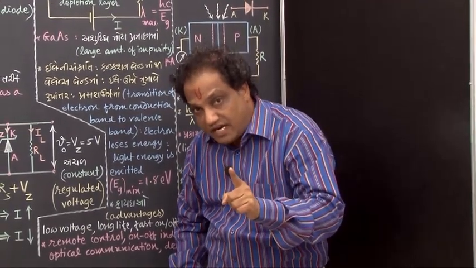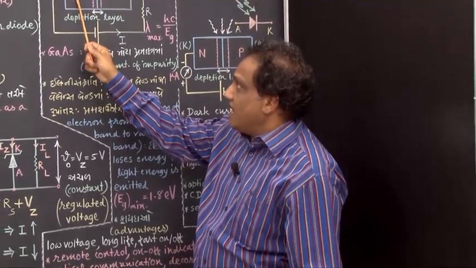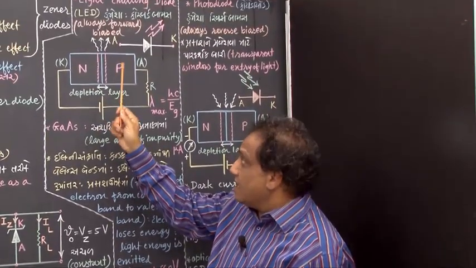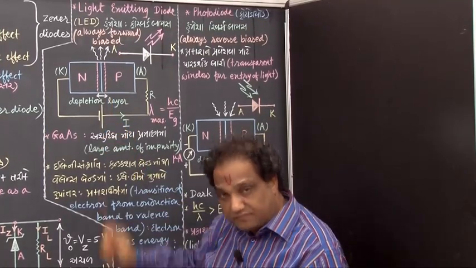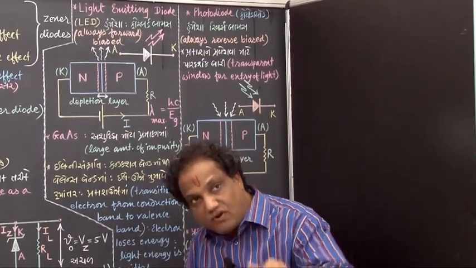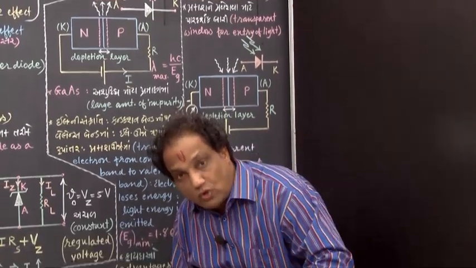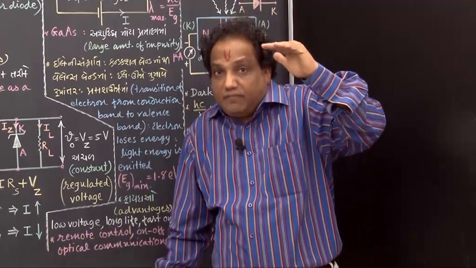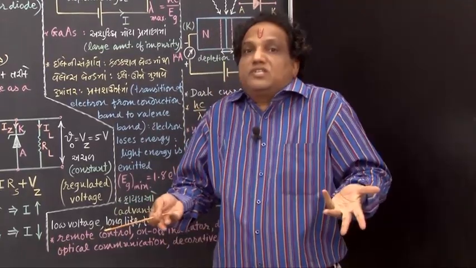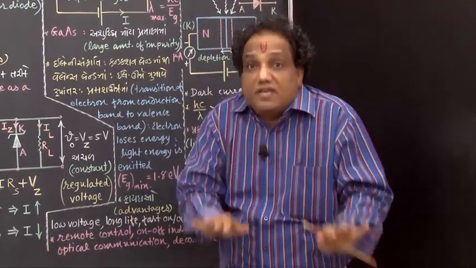So, whenever an electron enters from N to P type and combines with a hole, it is making a transition from a higher energy level to a lower energy level. Naturally its own energy will decrease.